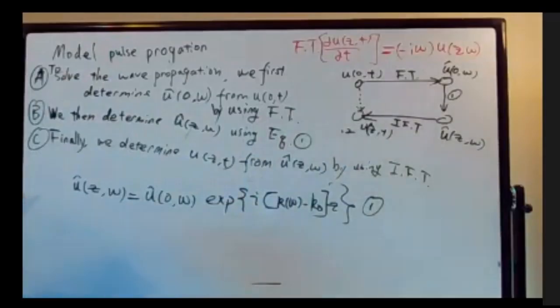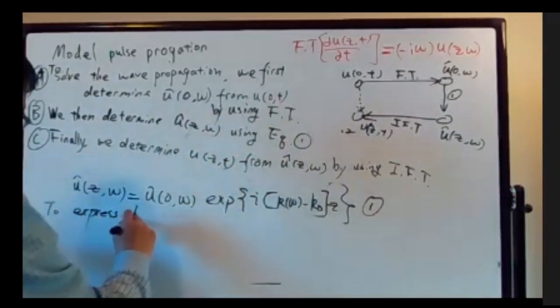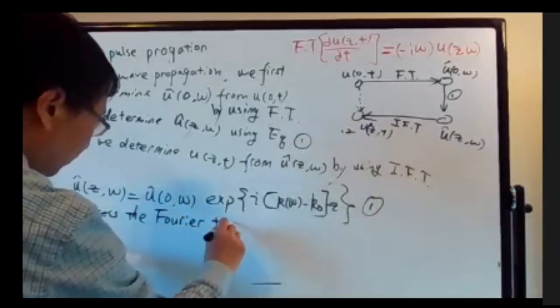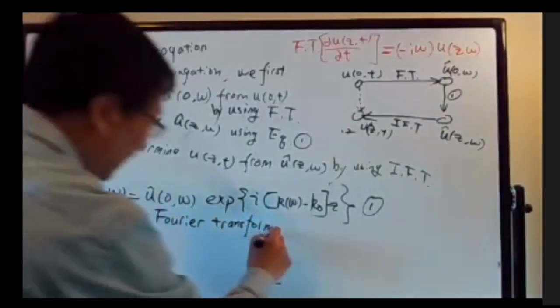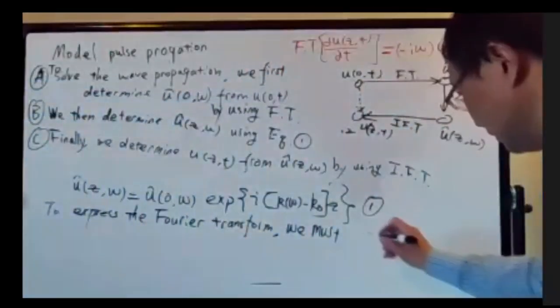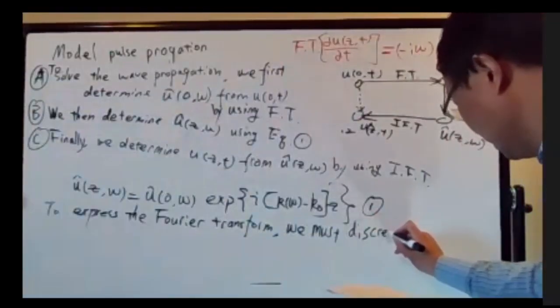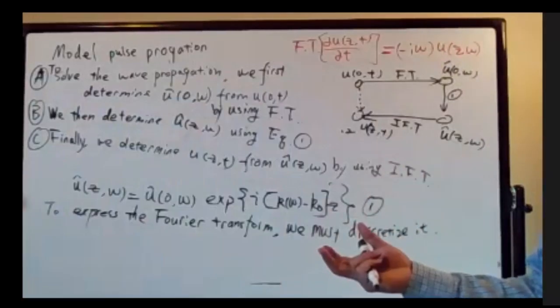To express the Fourier transform, we must discretize it, because in MATLAB everything is discretized.